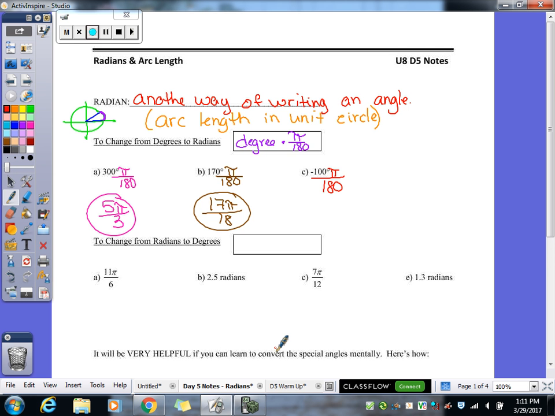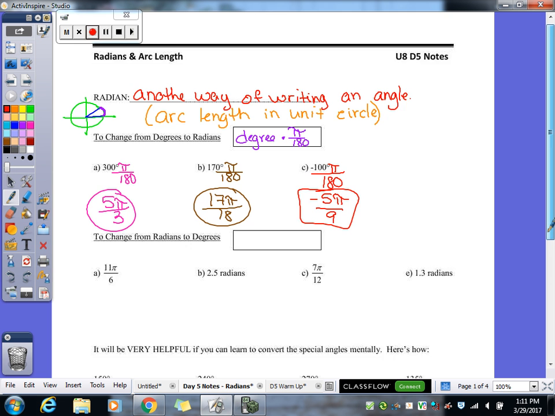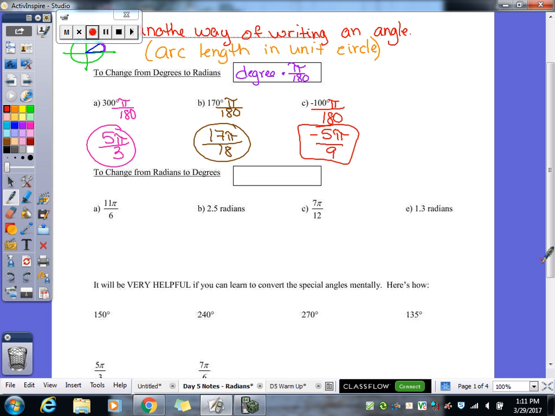Times pi over 180. What does that reduce to? Negative 5 pi over 9. Pretty simple. Is it coming back to you, hopefully?